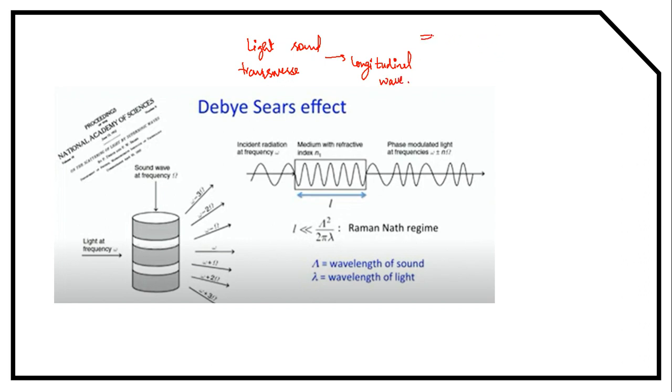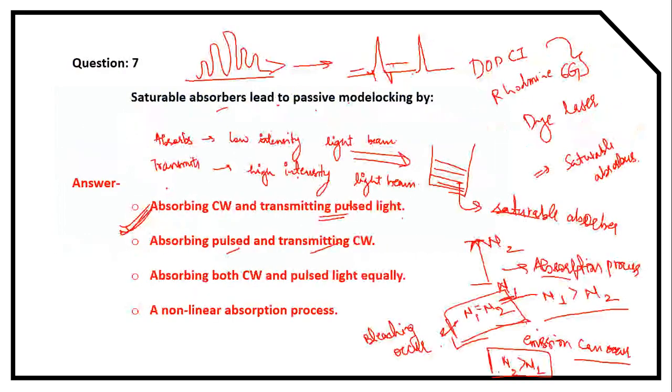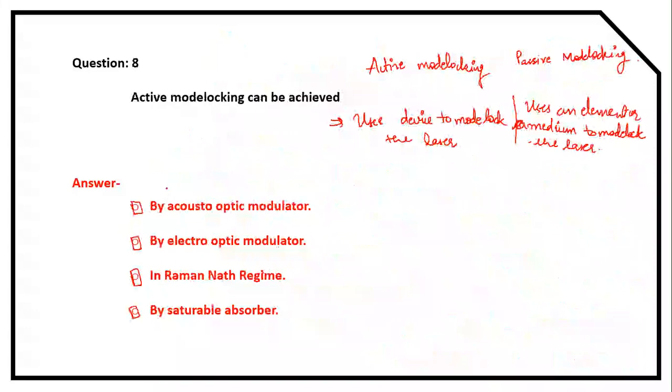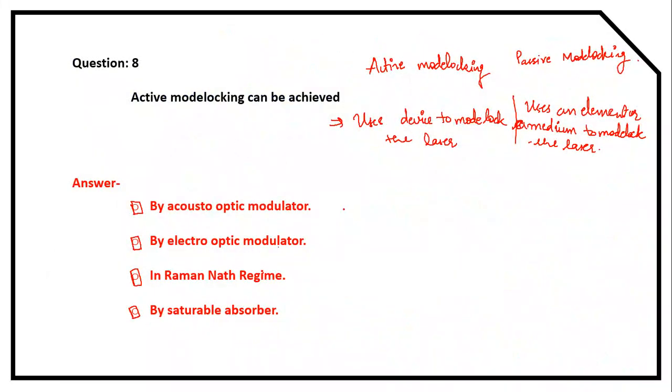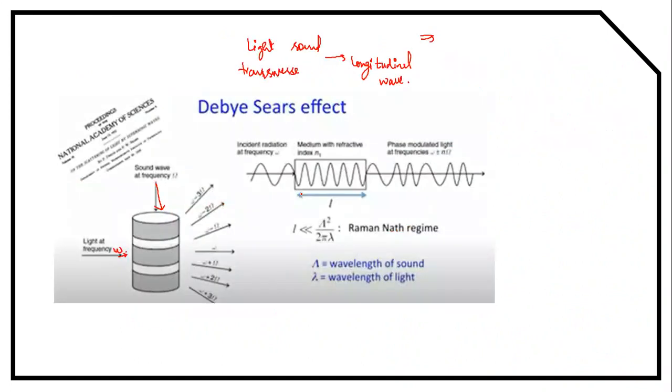Now see, when the light beam of frequency, say omega, we pass it through a medium, then there is also a sound frequency. Why? Because what does the word acoustic suggest? Acoustic suggests something related to sound.